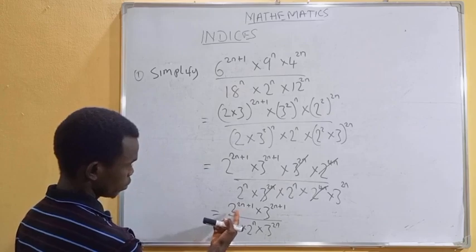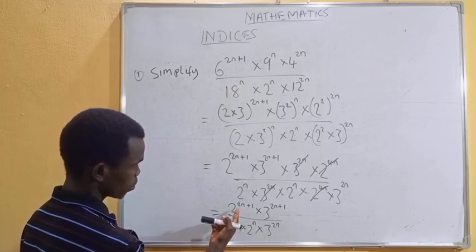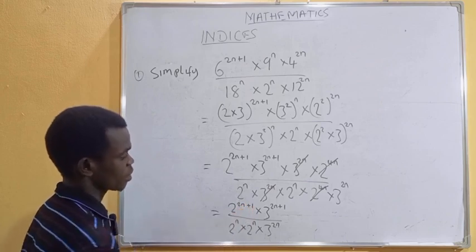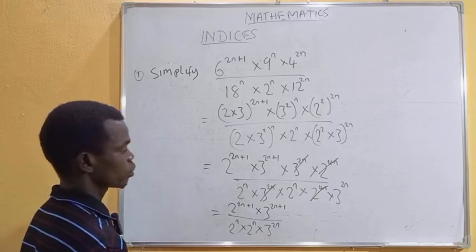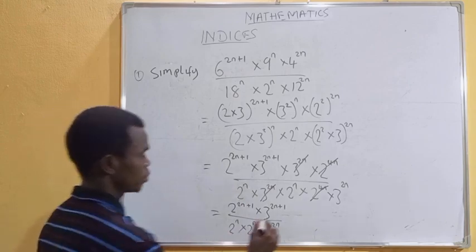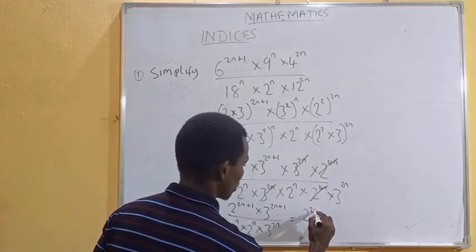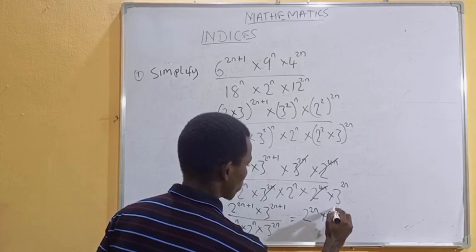From here now, we said we have 2 raised to the power 2n plus 1, and this can be reversed to product law, which will now be 2 raised to the power 2n times 2 raised to the power 1.